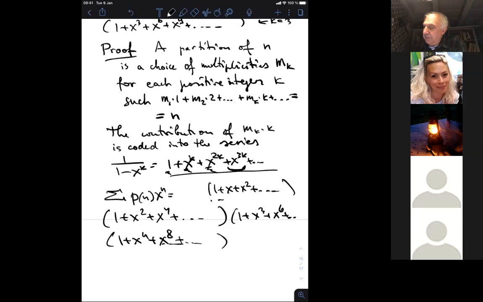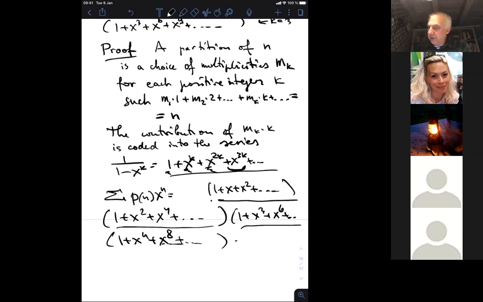So what we pick from the first geometric progression will tell us how many ones do we get. What we pick from the second one will tell us how many twos do we get. What we pick from this guy will tell us how many threes do we get, and so on and so on. And this, in all possible ways, gives us exactly all possible partitions of the number n.